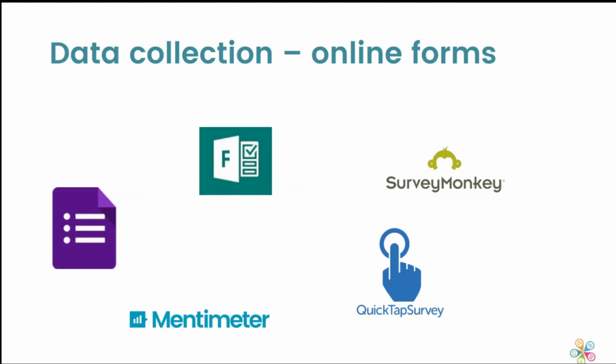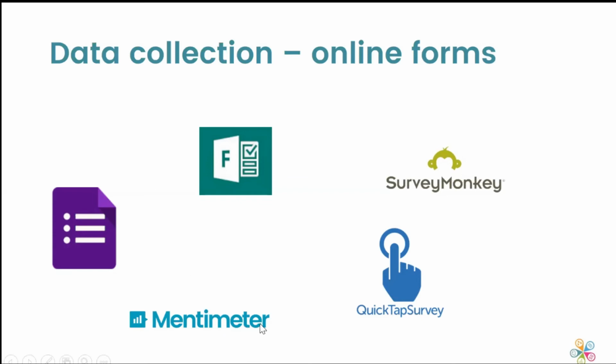But they discovered that the young carers didn't spend much time on it, and it also meant that somebody else had to collect in those forms, decipher their handwriting and type up that feedback somewhere. With Quick Tap Survey, they could use tablets, pass the tablets around, and complete it as they were traveling back from the trip. And it didn't matter if their internet connection went, it would save those responses and then sync once they were back on Wi-Fi, back in the office, for example.